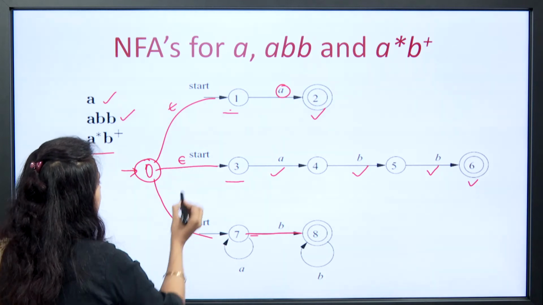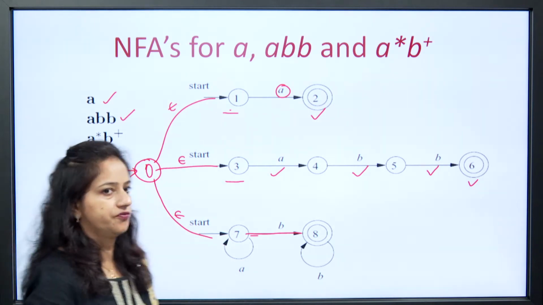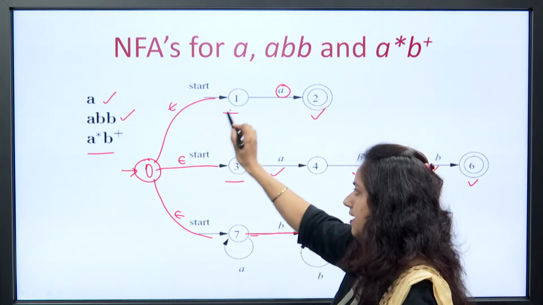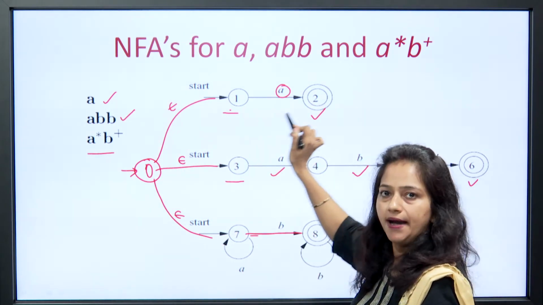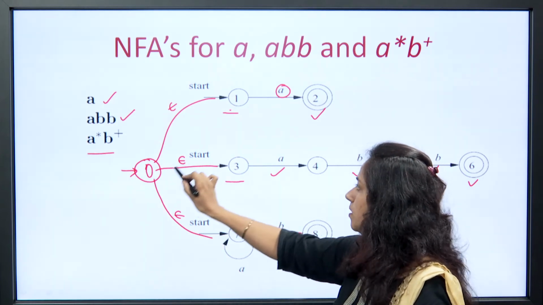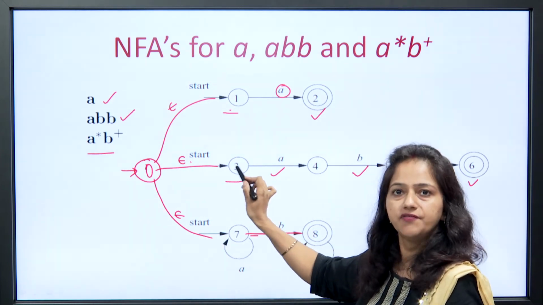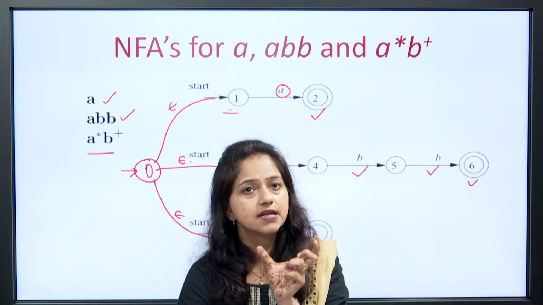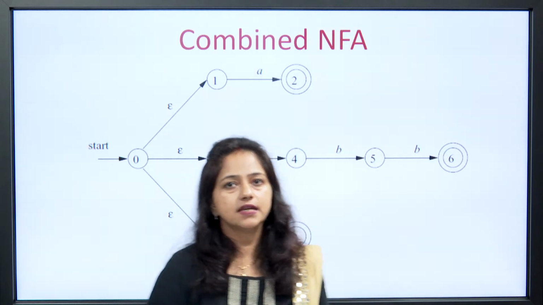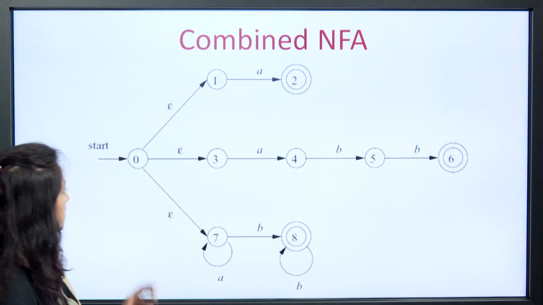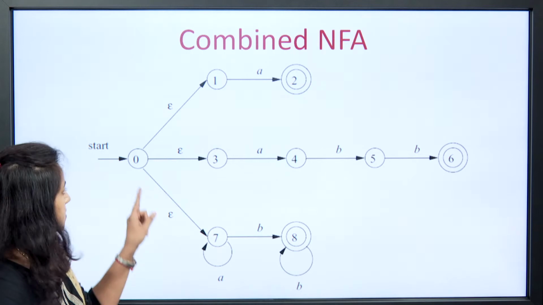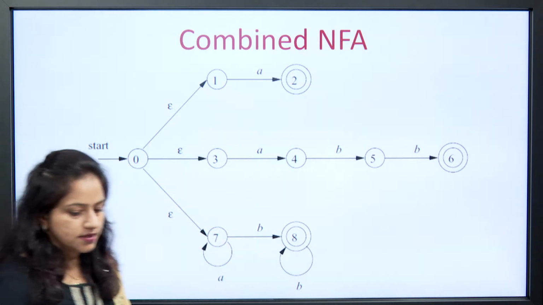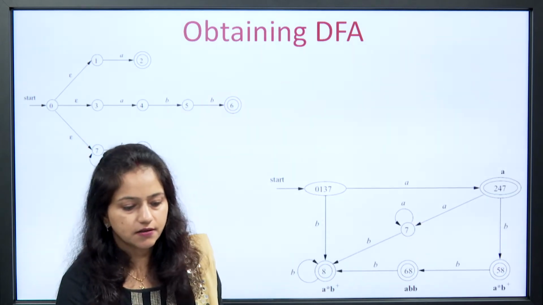We will link all these transitions using null moves. So, from 0 using a null move we will move to state 1 and then we can get this pattern, and similarly from 0 using a null move we will move to state 3 and we can get this pattern. In that way we can combine them and get a single finite automaton. So, this is the single finite automaton that we are getting, with null transitions from 0, and all this is the combined NFA. So, this is the third step.